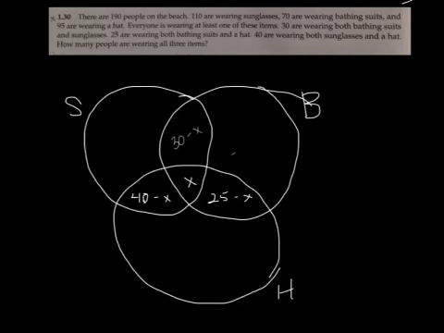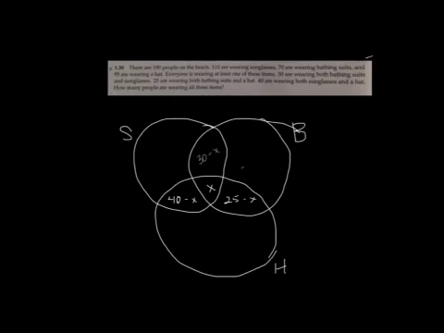If I have 110 wearing sunglasses, that means this region plus this region plus that region plus that region equals 110. I'm going to write that out slowly and carefully.